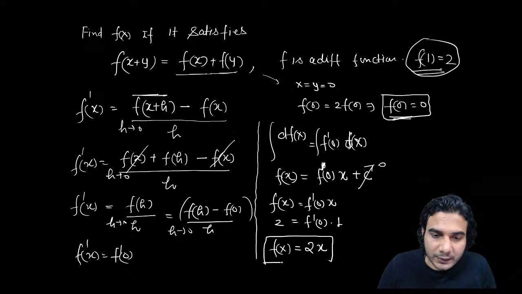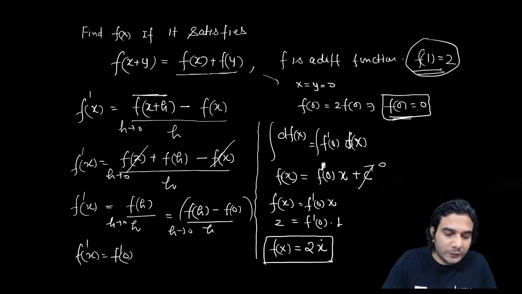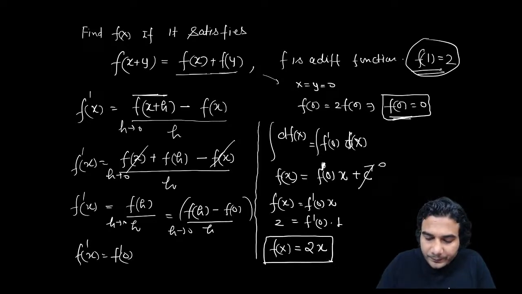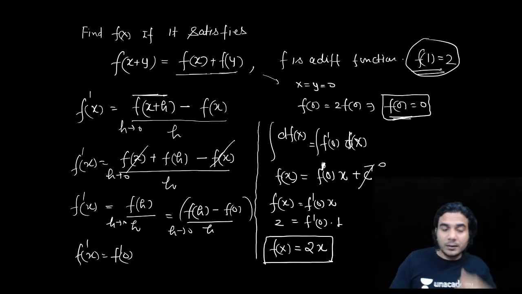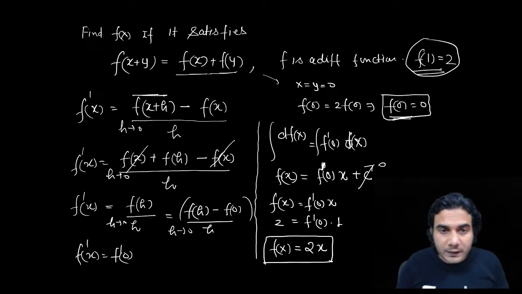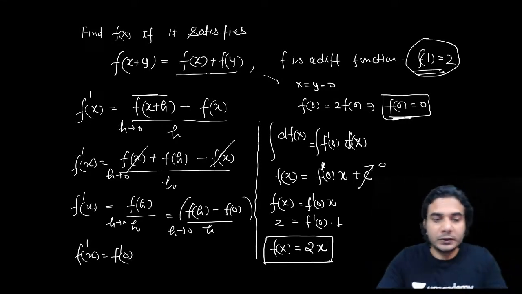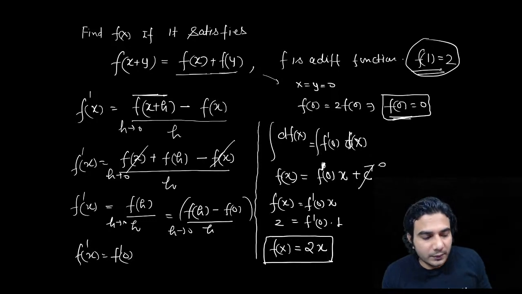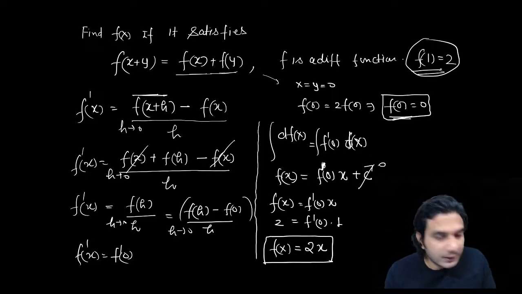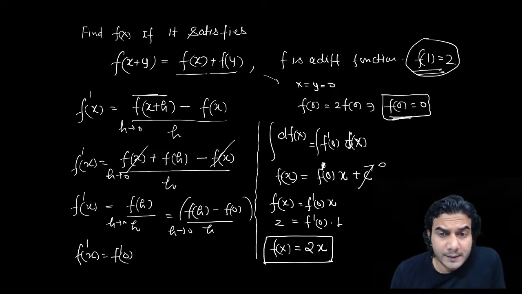So this was the method using first principle, okay? We solved this differential equation using first principle. I'll tell you another method, but we will learn first this. We'll solve questions using first principle and then we will learn another simple method, which if we use, then we'll reach to this fifth step directly.